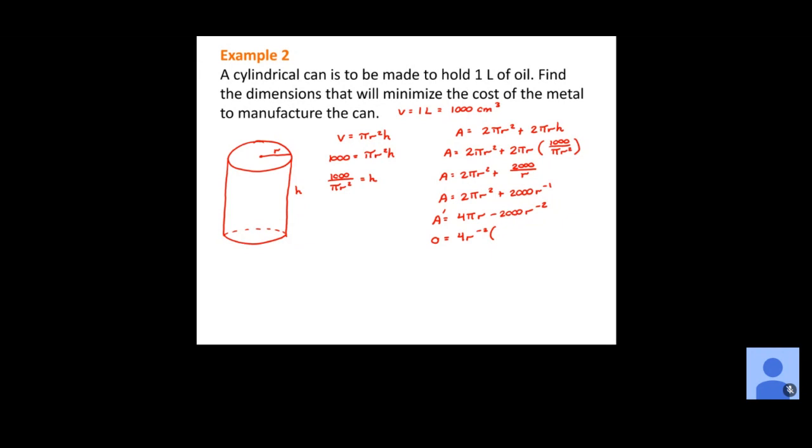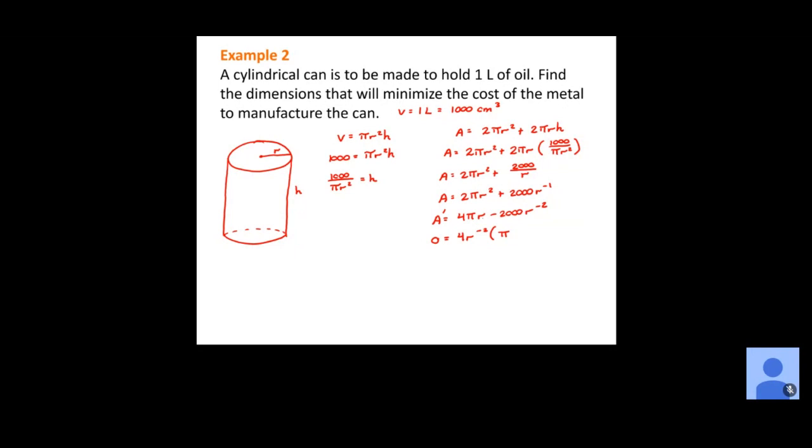Now let's think about what's left over if we do that. In this first term here, if I factor out the 4 and then I factor out an r to the negative 2, what's going to be left over from that first term? Okay, so there's definitely going to be a pi.